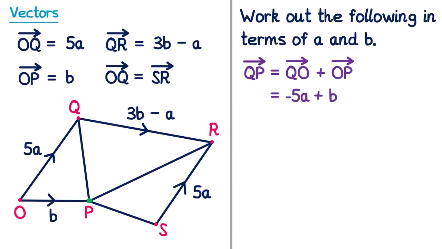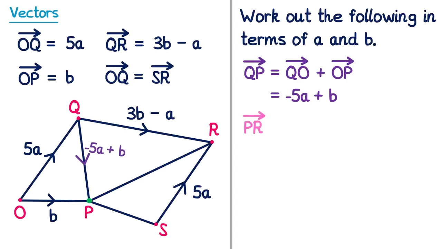So this is the vector from Q to P, negative 5a plus b, which if you wanted, you could rewrite as b minus 5a, but I've left it like this, which is also acceptable. Now since we found this one, I'm going to mark it onto the diagram as well. So to get from Q to P, I add an arrow going from Q to P, and I call it negative 5a plus b.